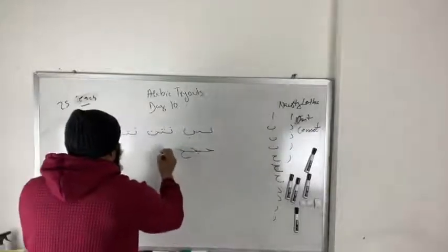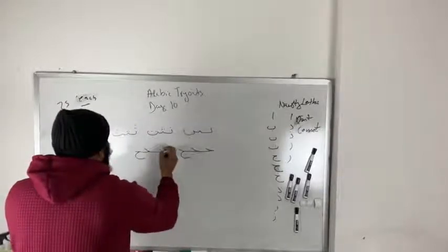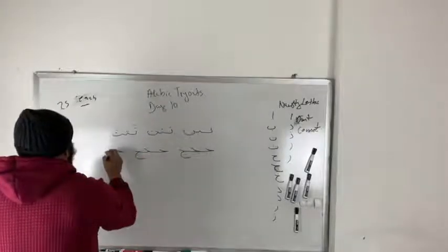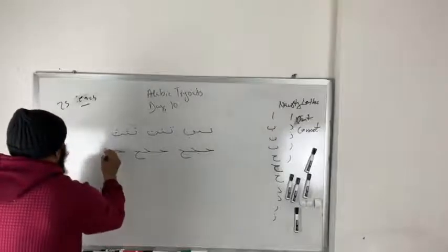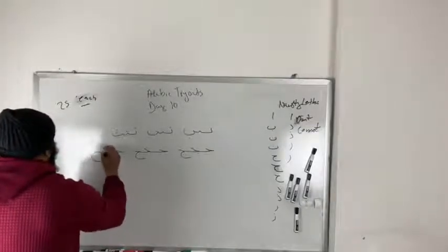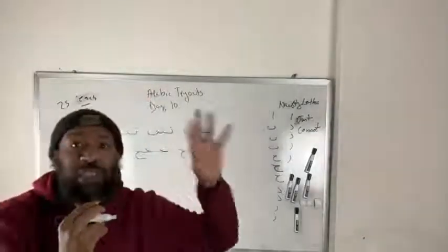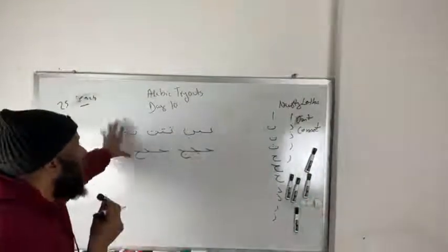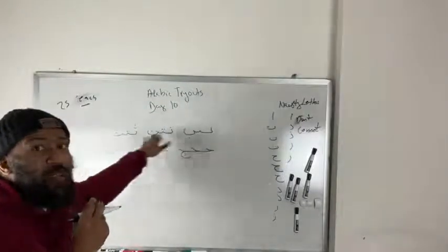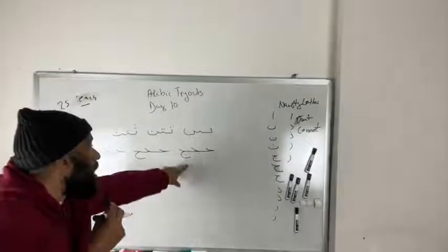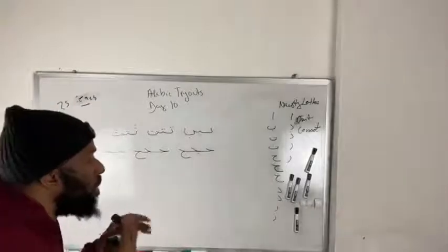This is Jim. This is Ha. And this is Kha. These all have the same positions. All right? You should be able to do that. Beginning, middle, ending. Because these have the same form, they share the same beginning, middle, ending forms. Same thing with Jim, Ha, and Kha. Because they have the same form, they share the same. You should be able to do that.